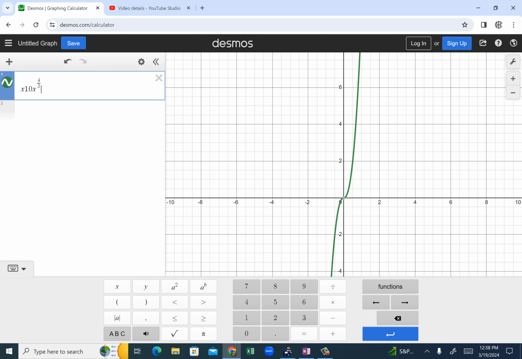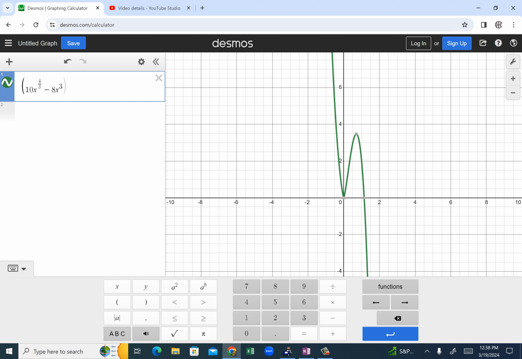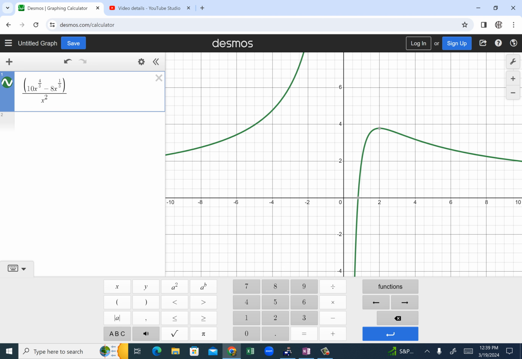Oh, that's an X. Try a parentheses. There we go. And then what is it? Minus 8x to the third, all over x squared. X to the 1/3? Yes. And where are we going from? 8/27. Got it.